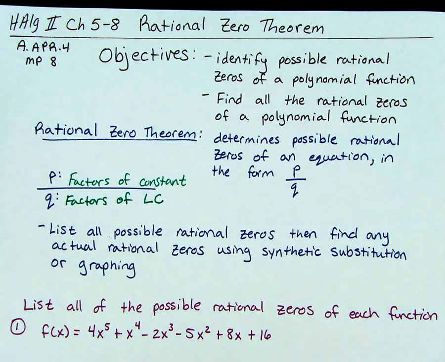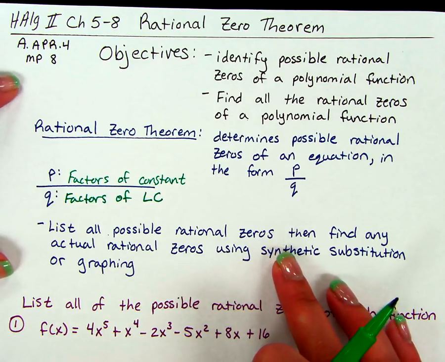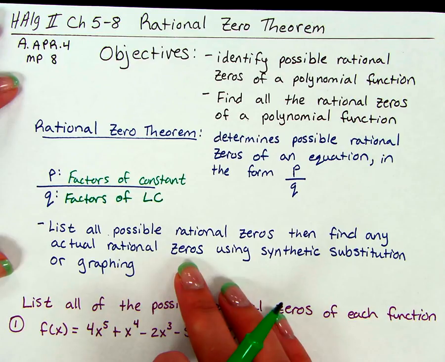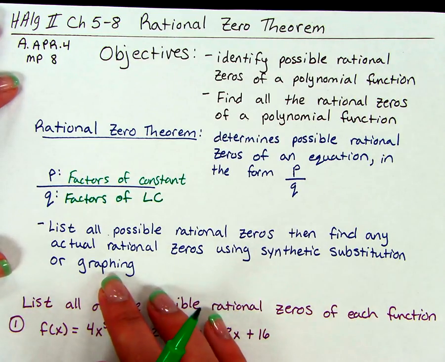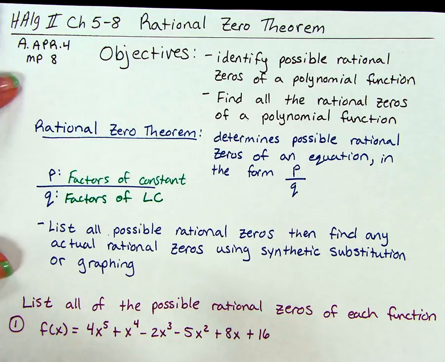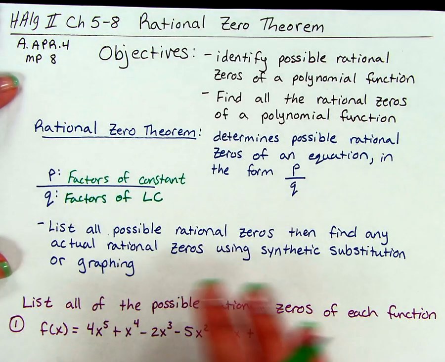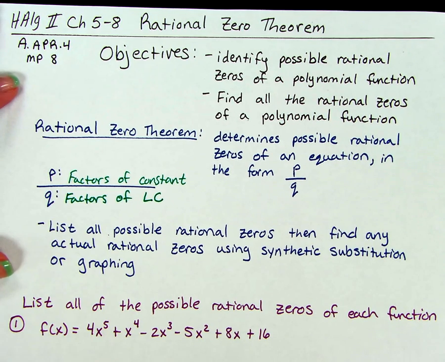We're going to list all the possible rational zeros, and then depending on what the directions tell us, we will find any of the actual rational zeros using synthetic substitution or graphing. If we're graphing, we're looking for the places where it's crossing the x-axis. For synthetic substitution, we want our remainder to be 0.